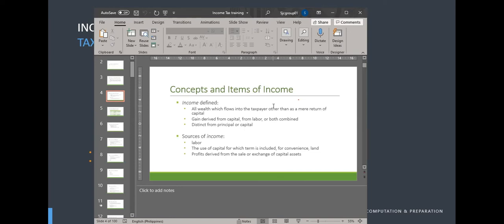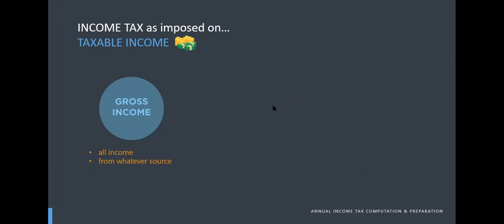So this is distinct from principal or capital. The sources could usually be labor, or the use of capital, for which the term is included for convenience, land, and profits derived from the sale or exchange of capital assets.